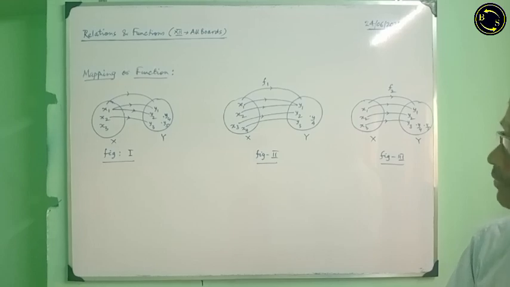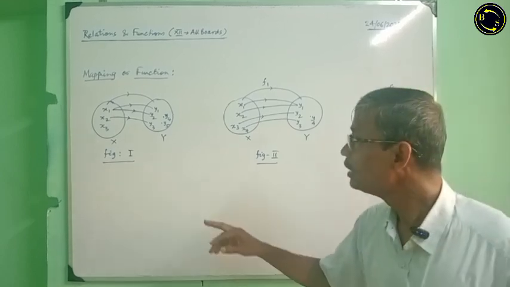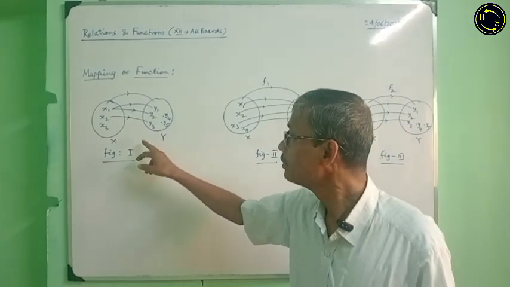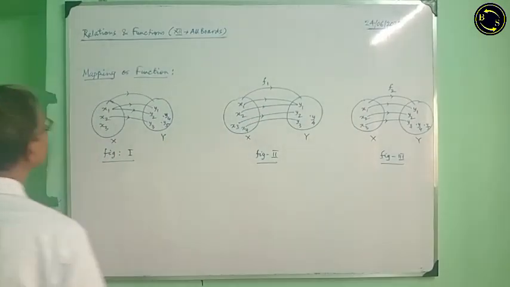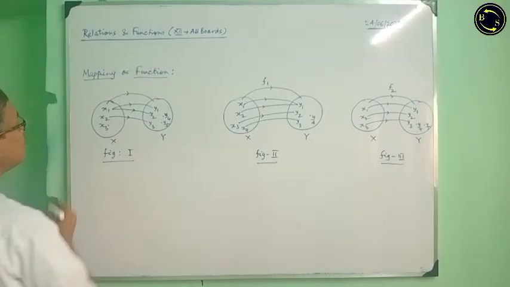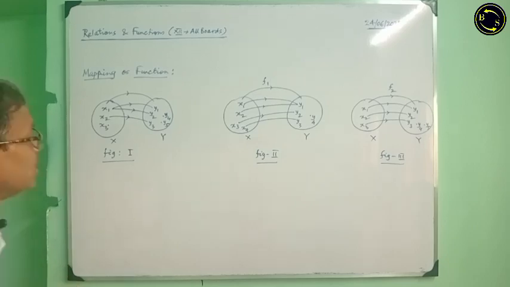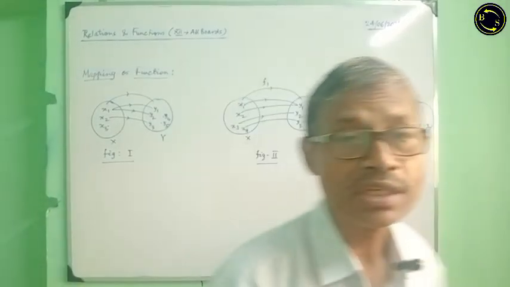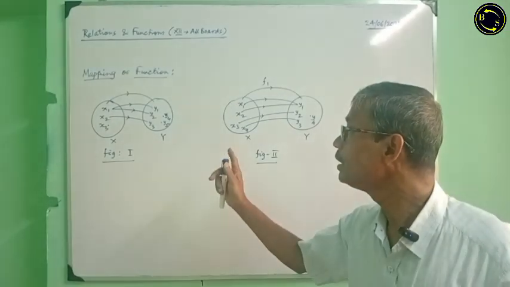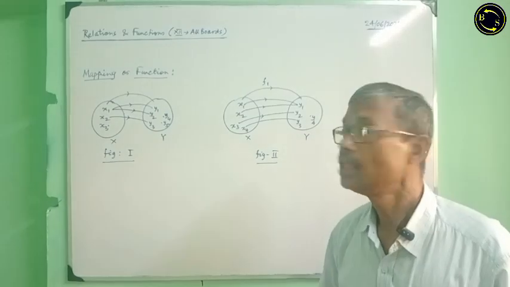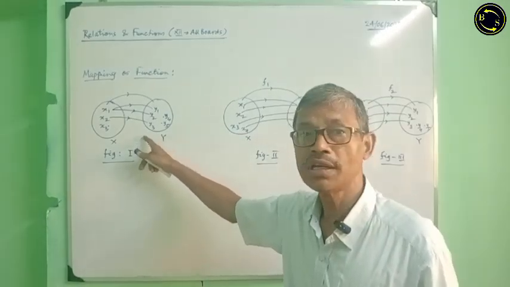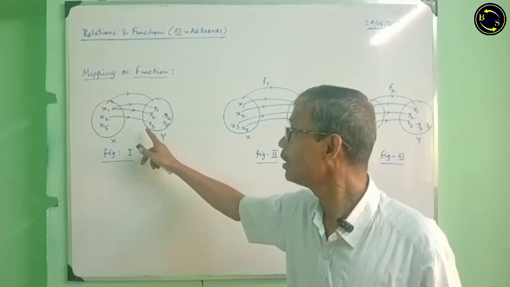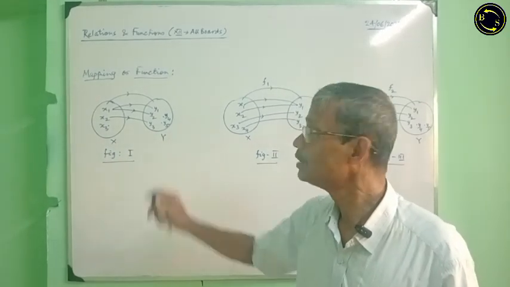As per that definition, we find for figure 1 the member x3 is not associated to any y of set Y. Therefore, this is an ordinary relation but not a function.